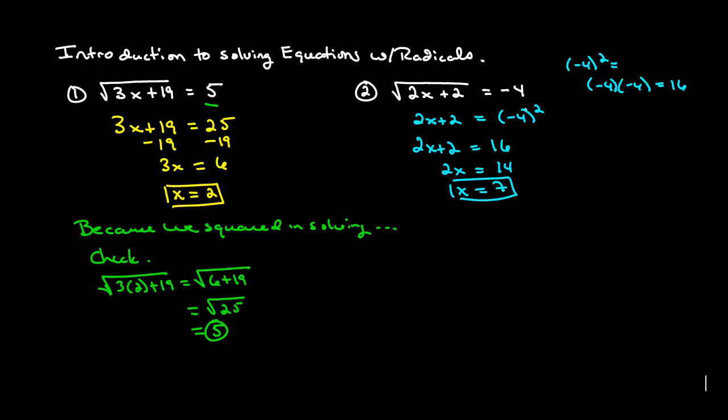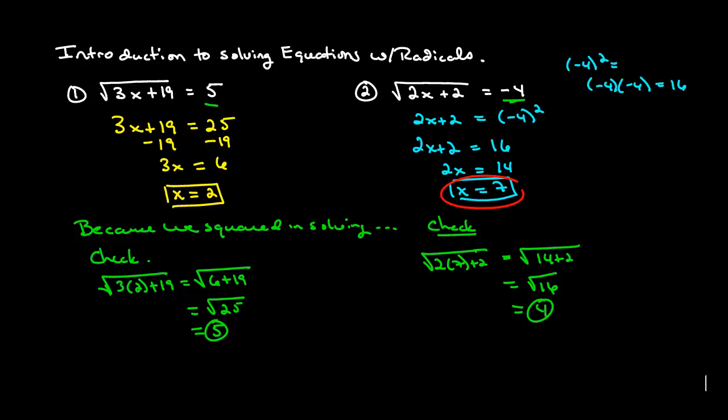But again, because we squared, we need to check. So our check would be the square root of 2 times 7 plus 2. That's equal to the square root of 14 plus 2, which is the square root of 16, which is positive 4. But that's not equal to -4.